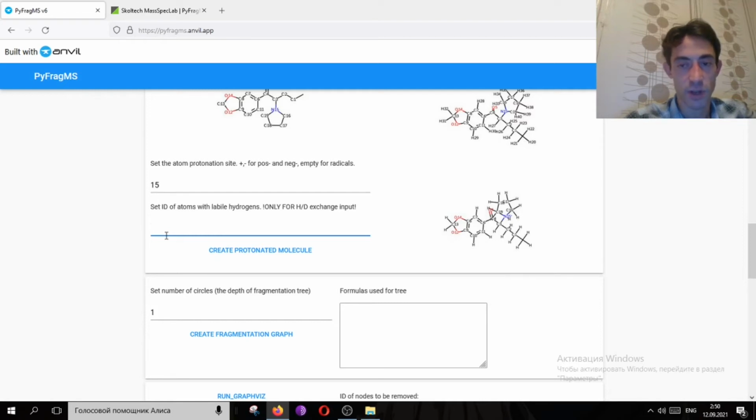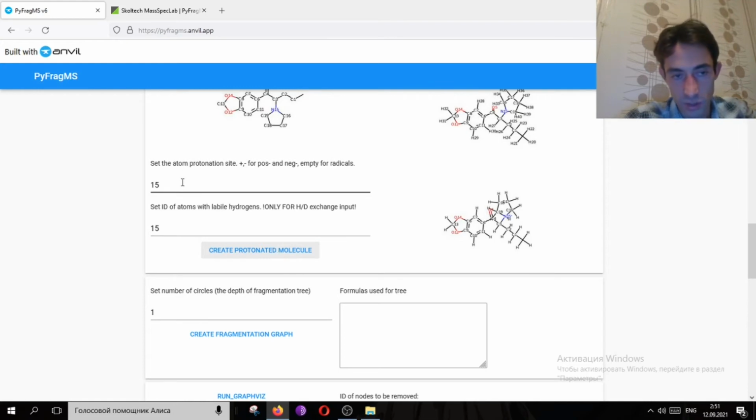For example, now we are protonating nitrogen with ID 15, and if it were a hydrogen deuterium exchange experiment, we would need to specify this number of this atom to tell the software to replace this hydrogen with deuterium.